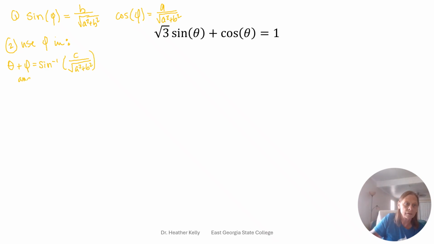And because there's two answers, theta plus phi is equal to pi minus arc sine of c over the square root of a squared plus b squared. Well, since I wrote all that down, let me go ahead and give you a little bit of time to work that.